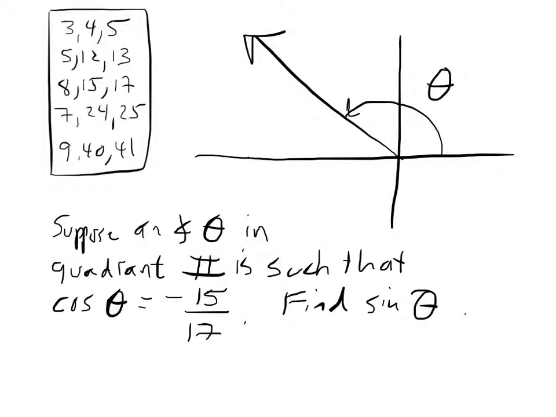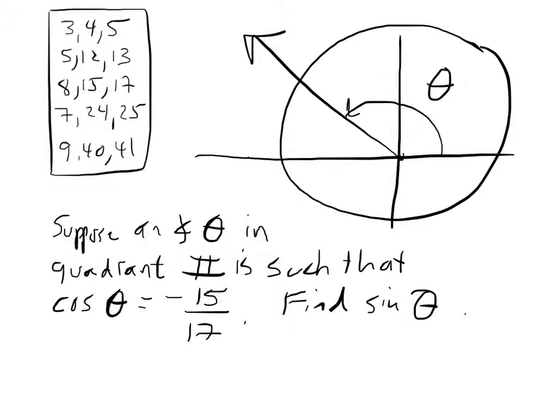I'm told the cosine is negative 15/17. One thing we remember is our definition of sines and cosines, which entails that if I have a circle here centered at 0, 0, the terminal side of the angle coincides with the circle at a point x, comma, y.